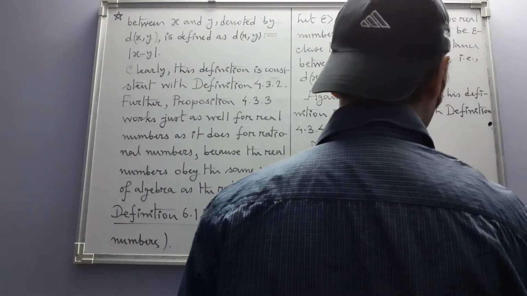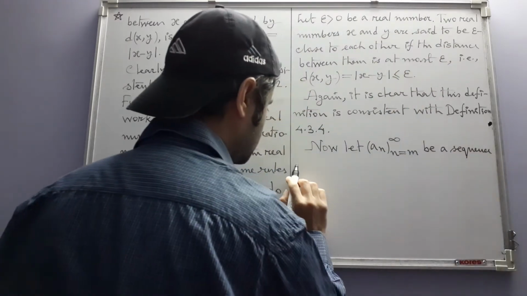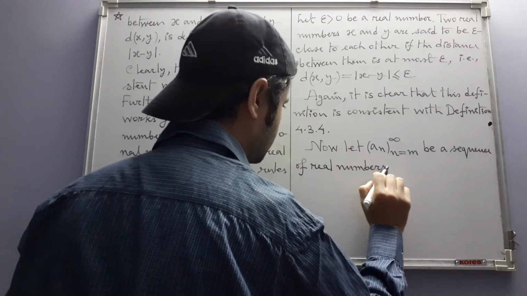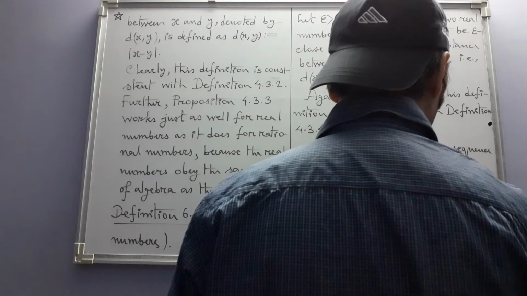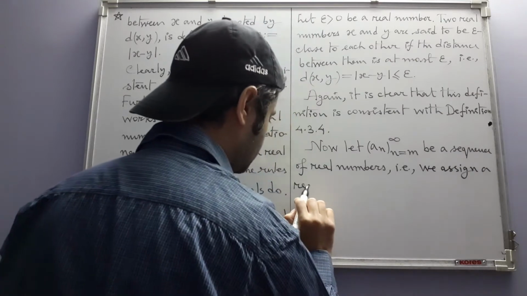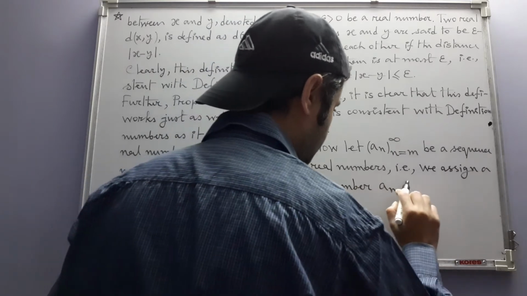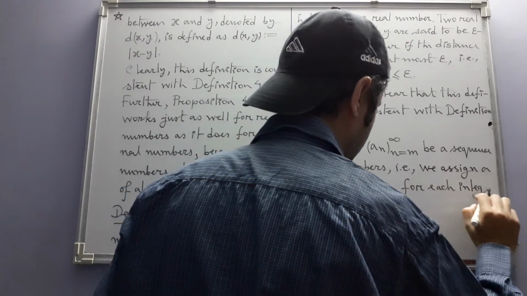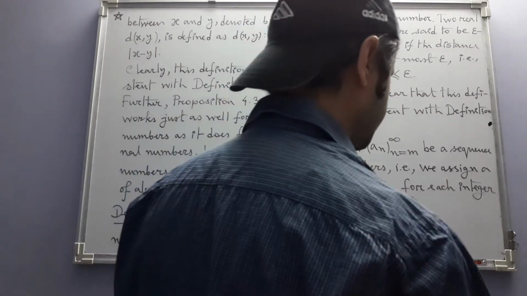Let this be a sequence of real numbers, that is, we assign a real number an for each integer n greater than or equal to m.